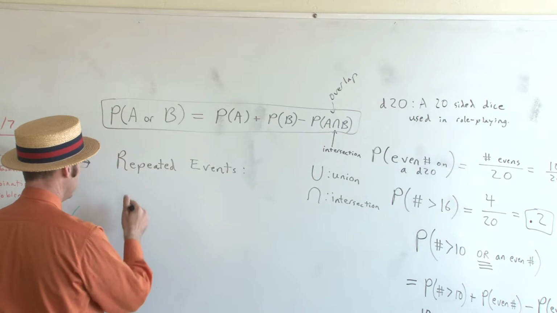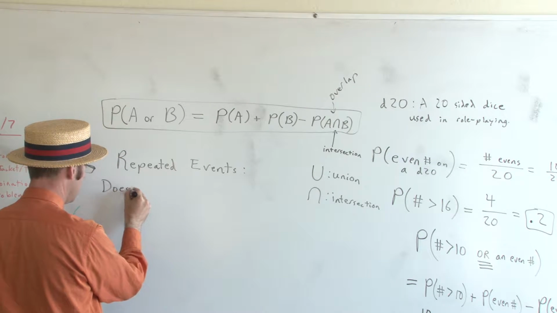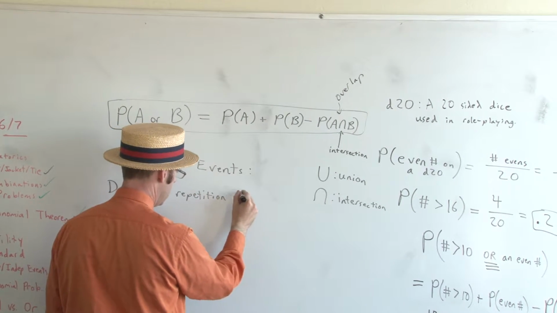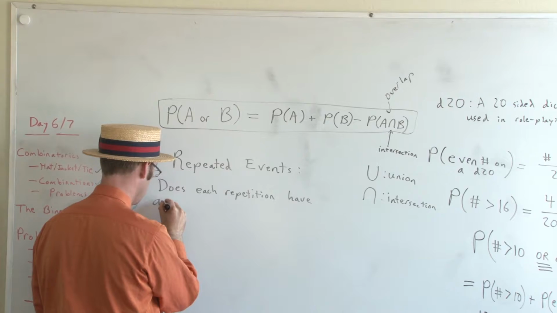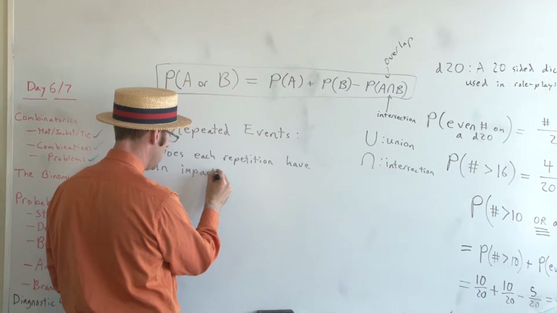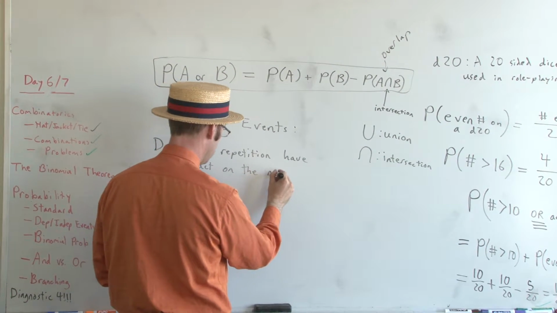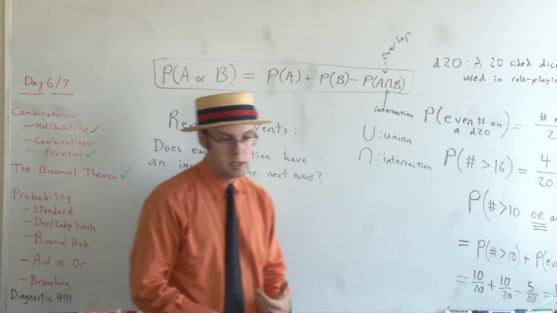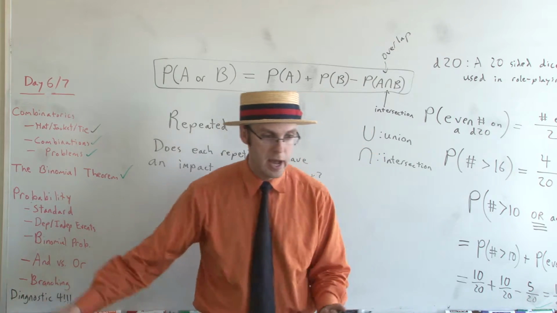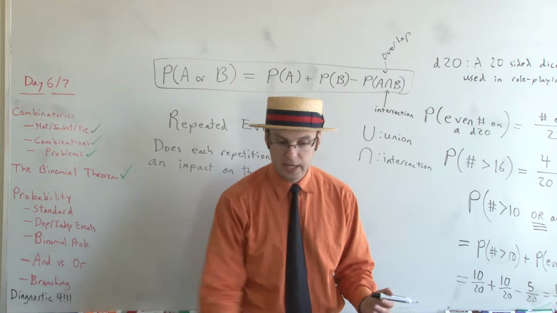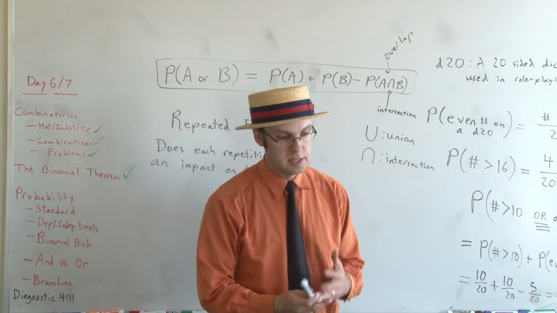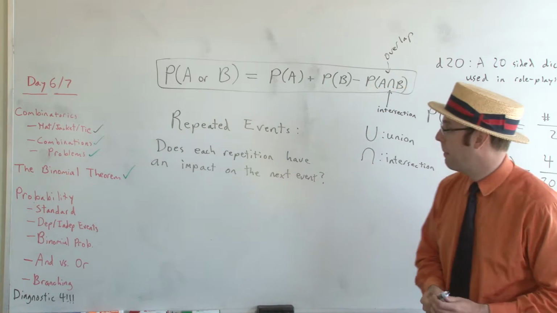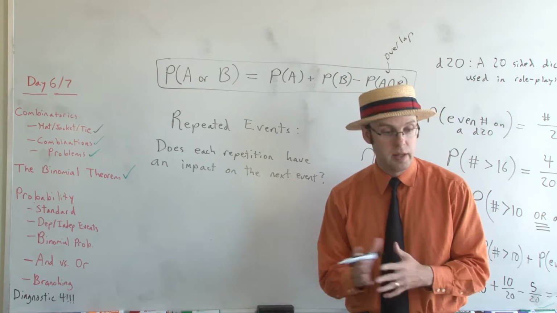That's my big question. With the dice, it shouldn't. Whatever, if I get a 5 now, I have an equal chance of getting each number the next time. Unless it goes through some catastrophic event. But other things will impact.